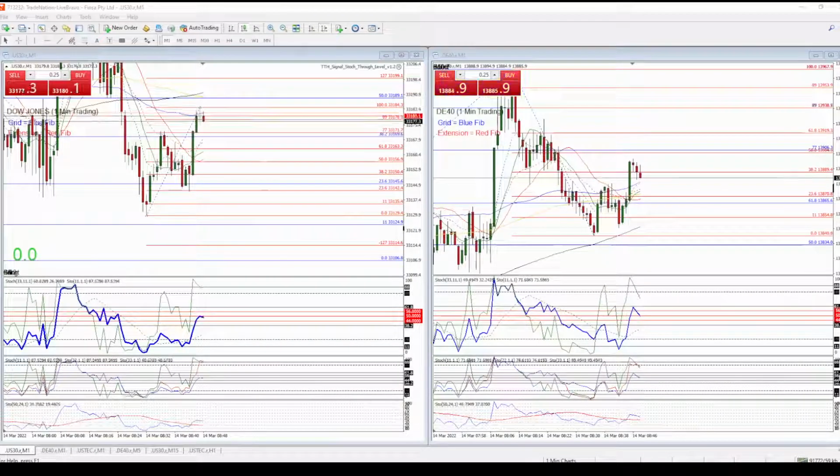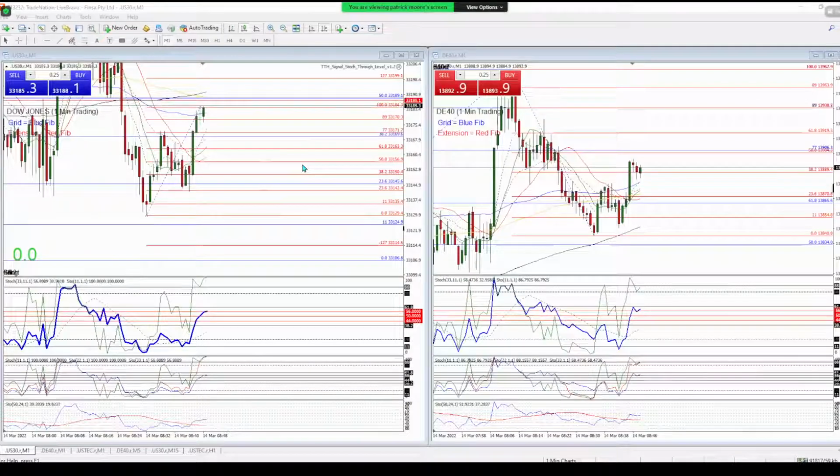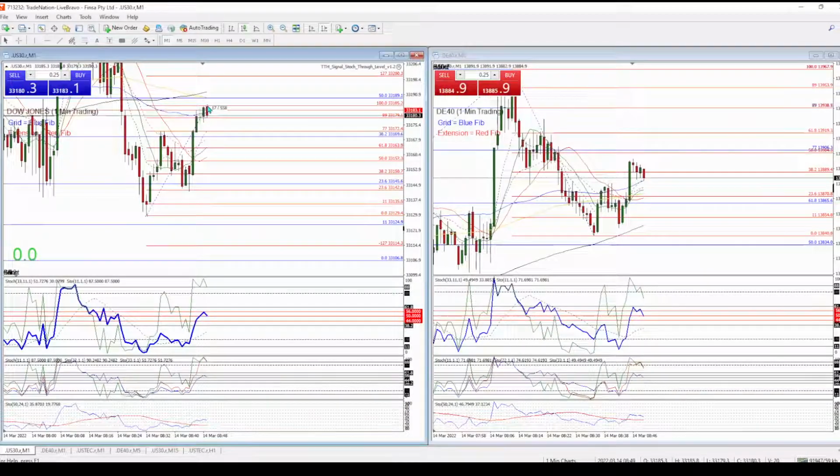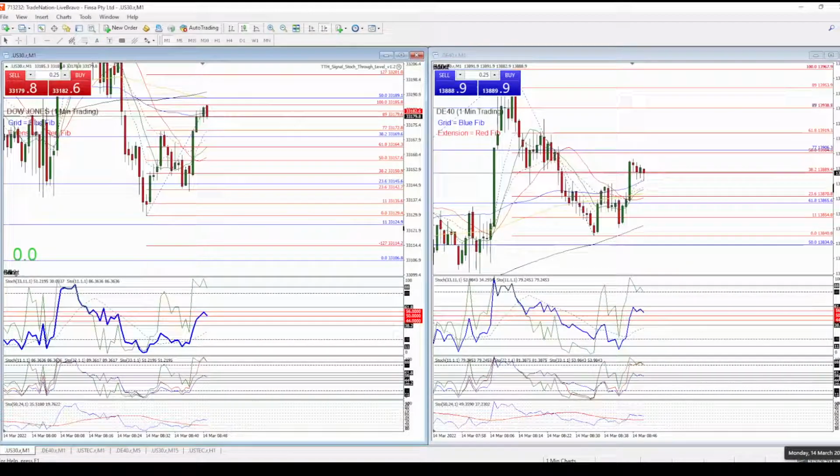On the Dow, level of resistance, 61.8 of weekly again. 50 moving average on 1. On the DAX, we're just trailing in between at 77 and 61.8. DAX up and coming level of resistance, 77 of daily, 89 of weekly.